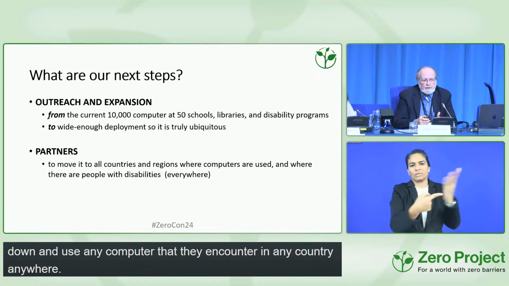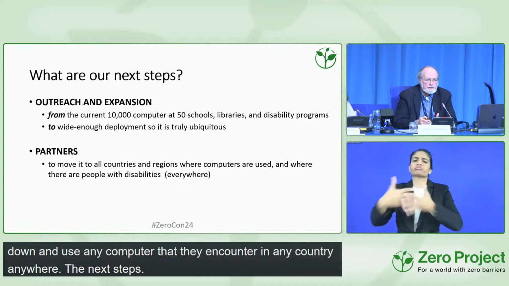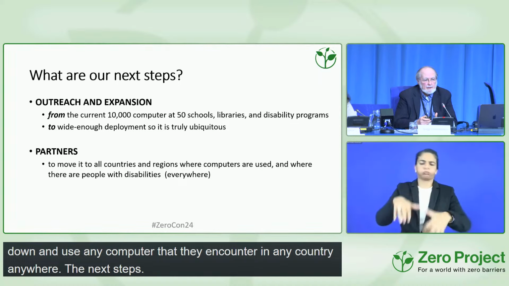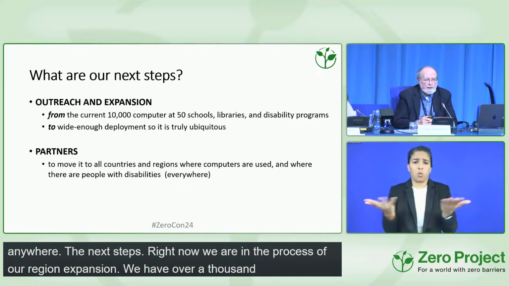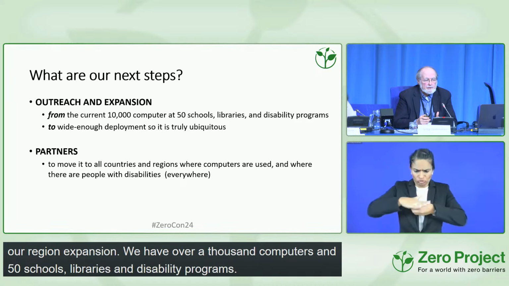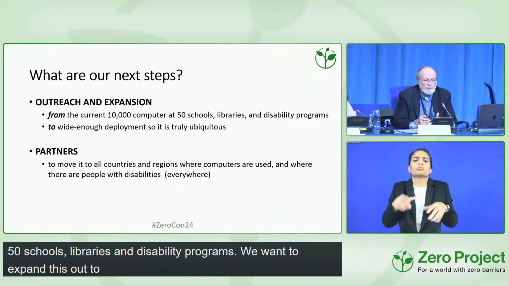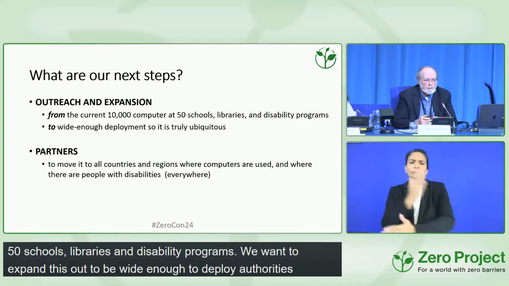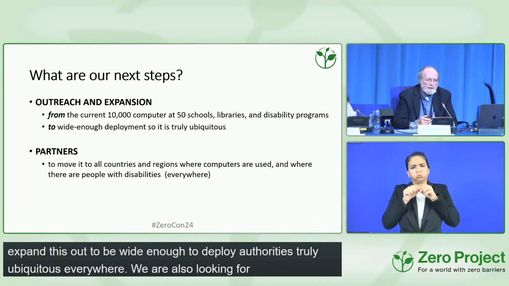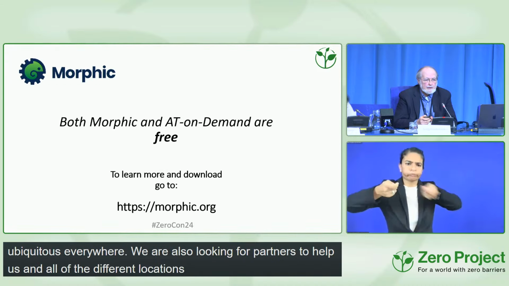We've had it on 10,000 computers in 50 schools, libraries, and disability programs. We want to expand this out to be wide enough deployment that it's truly ubiquitous and everywhere. And then we're also looking for partners to help us in all the different locations to try to do this. We try to get it to all of the computers in any country where there are people with disabilities and computers, and that's everywhere. Thank you.